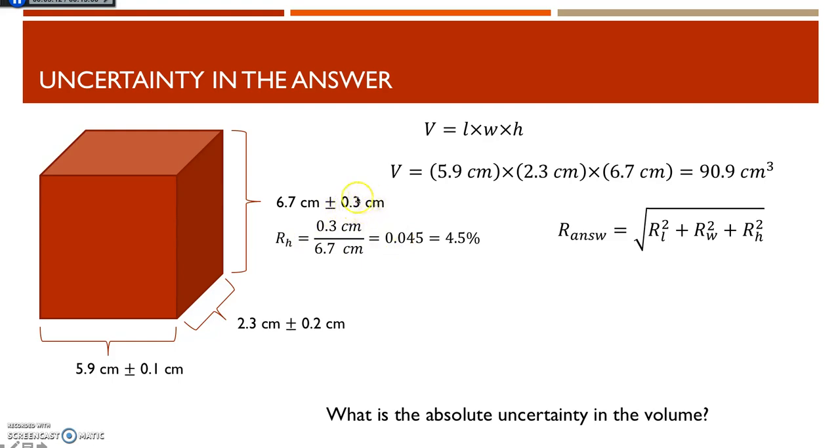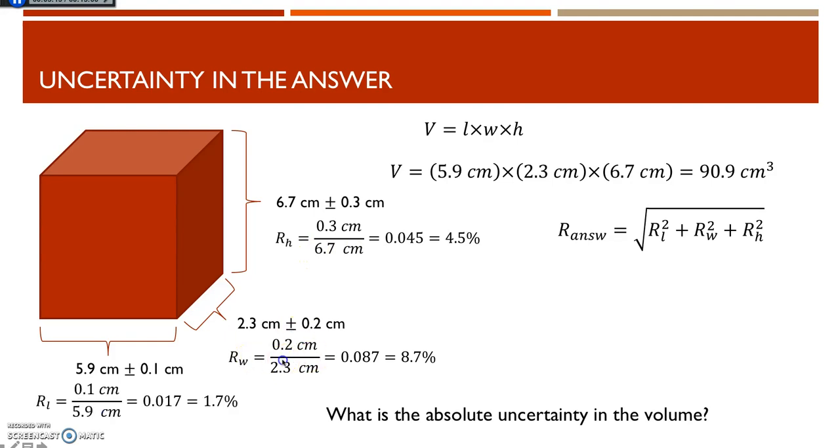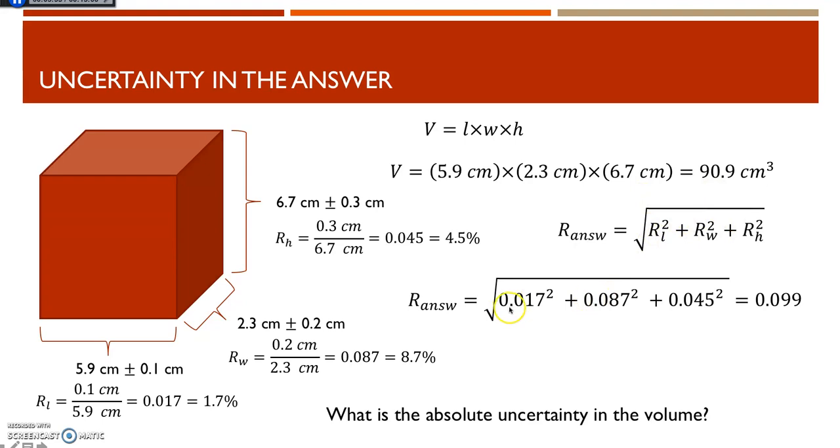Again, in order to calculate that, I've got the absolute error over the measurement itself. I've got the relative error in the width and the relative error in the length. Okay, I'm representing them here as a fraction and as a percent, so it might be a little more intuitive to think about. And then I can plug those relative errors back into this equation. So if I use the fractional forms, I'm going to get a relative error that's 0.099 or 9.9%.